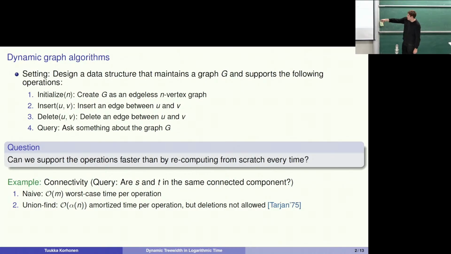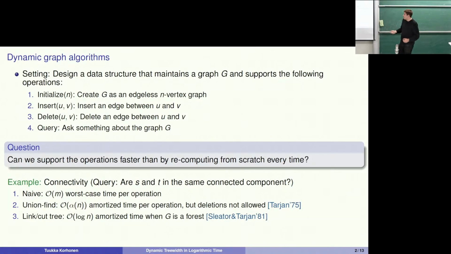This inverse Ackermann alpha is a function that grows really slowly, much slower than logarithms. But if your graph is a forest, then there's a data structure called link-cut tree, given by Sleator and Tarjan in the 80s, and you can do log n amortized time per operation. Maybe I should say what amortized time is.